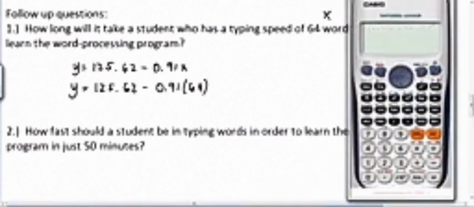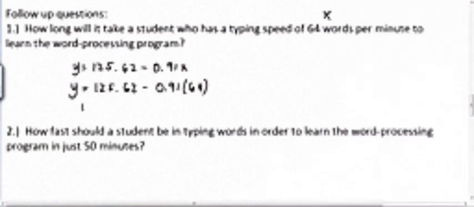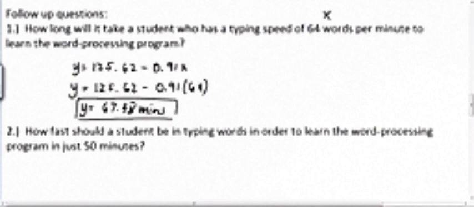So, 125.62 minus 0.91 multiplied by 64. So, that means, guys, 67.38 minutes. So, that is our final answer to this question.